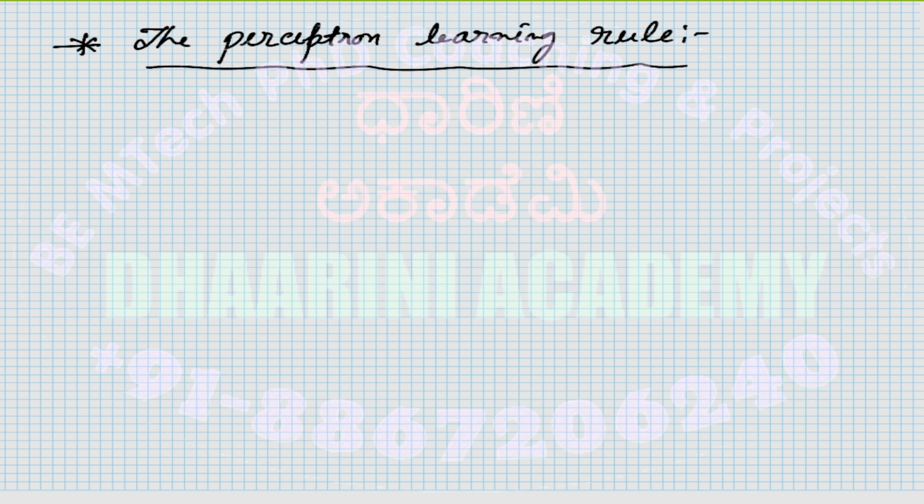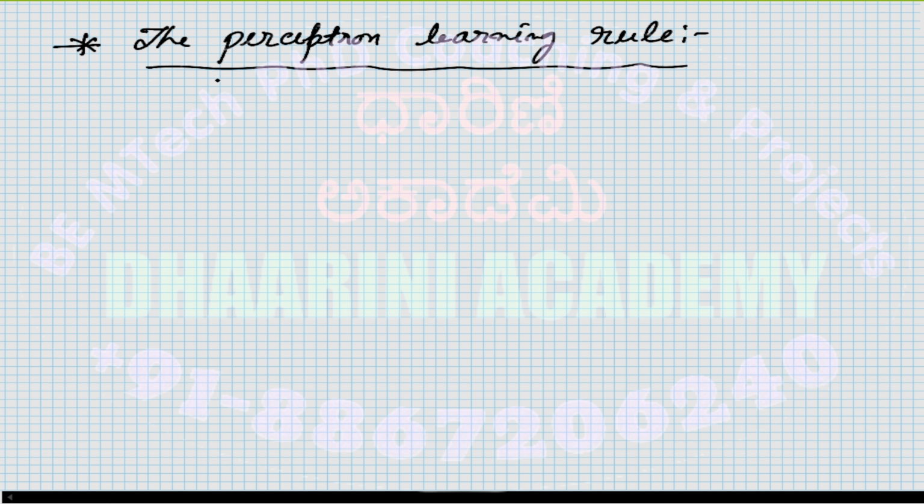Let's quickly go through the steps, and we'll utilize those steps to solve some problems at a later stage. It's an algorithm that defines the learning using a different technique.